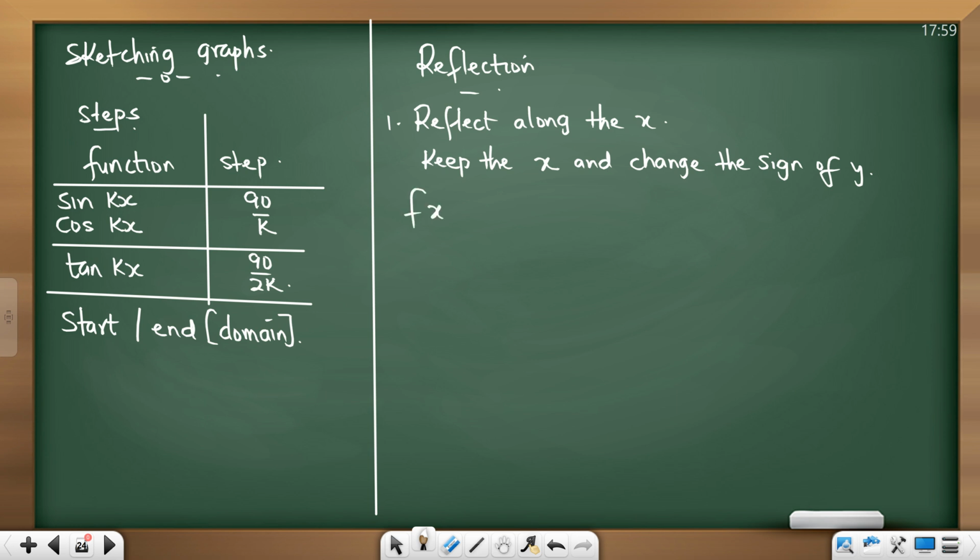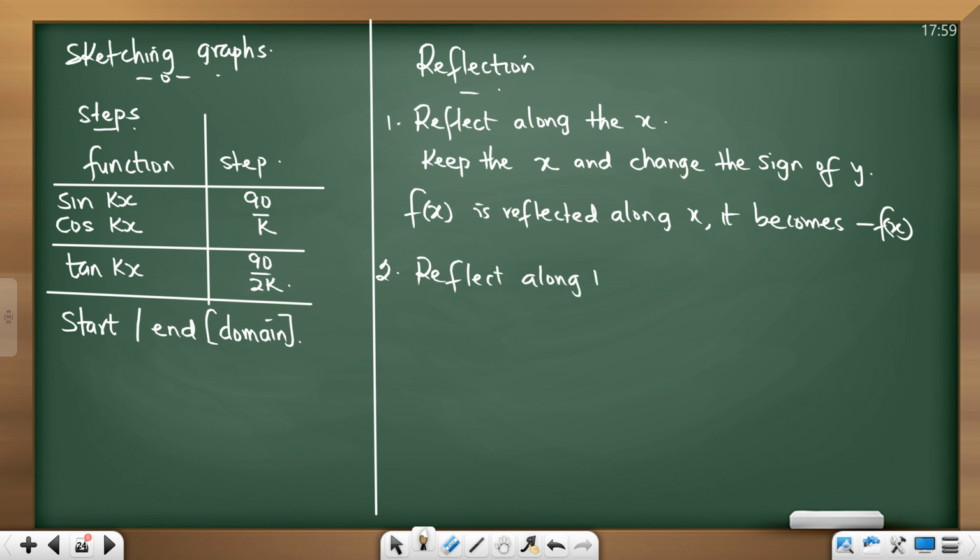So if, for example, f of x is reflected along the y, keep the y and change the sign of x.